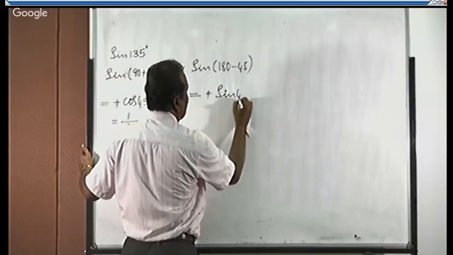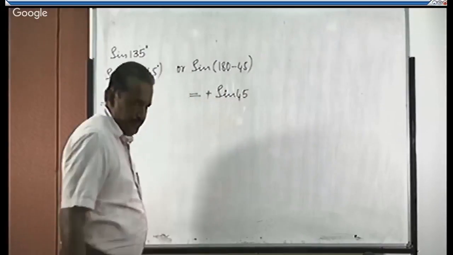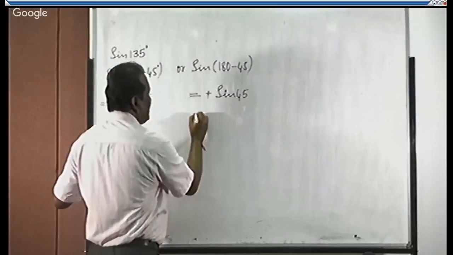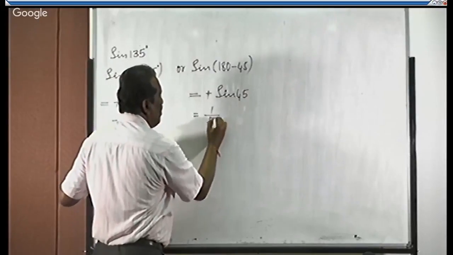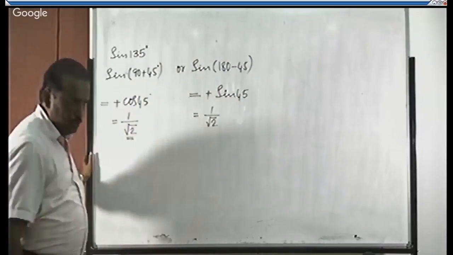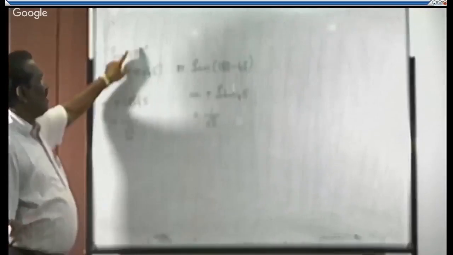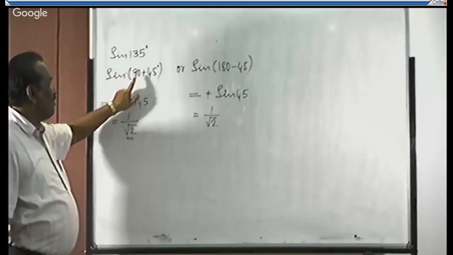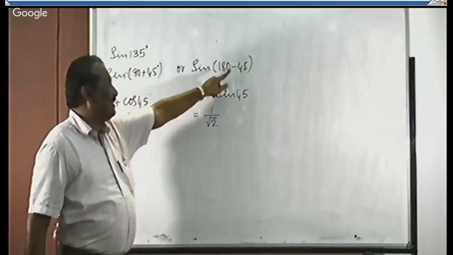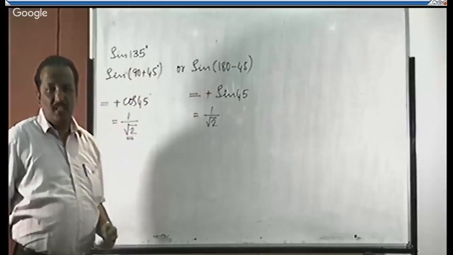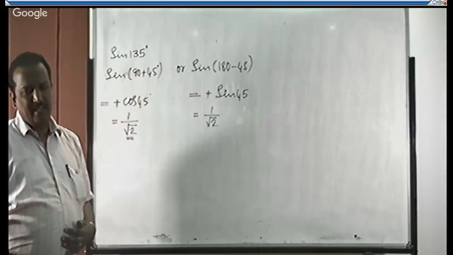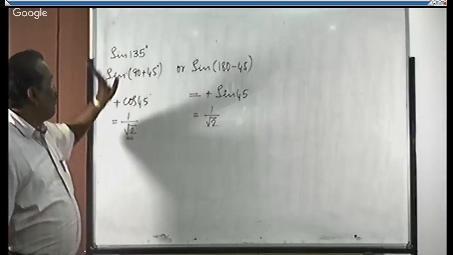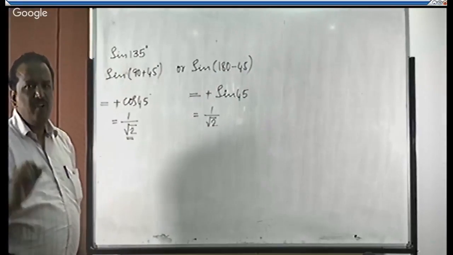In the place of theta, it is 45 degrees. We also know sine 45 degrees is equal to 1 by root 2. So the value of sine 135, if you write it in the form of 90 plus theta or 180 minus theta, in both cases the result obtained will be the same. So in this way, you can find the value of sine 135 degree.